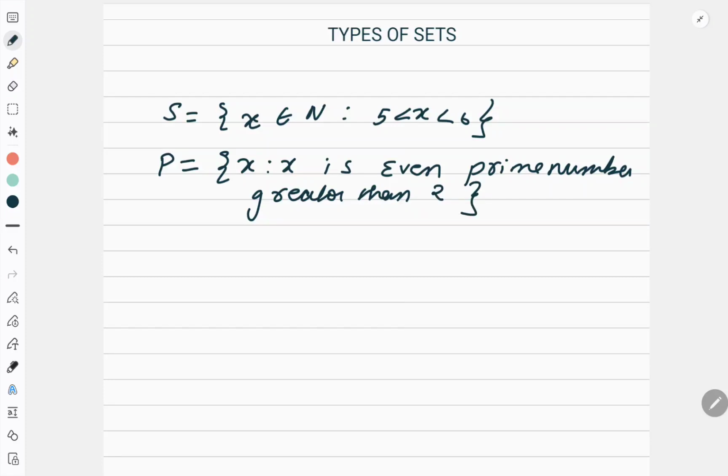Or suppose I am defining a set of x belongs to R such that x square is equal to minus 2. So I have written three statements in front of you, or I have defined three sets in front of you.